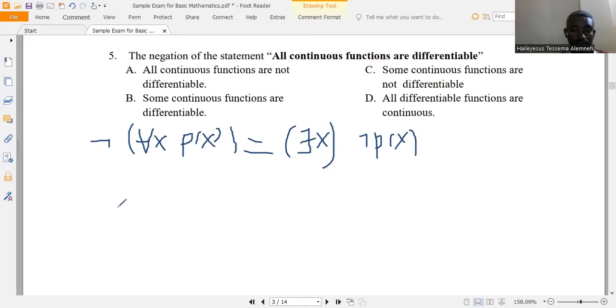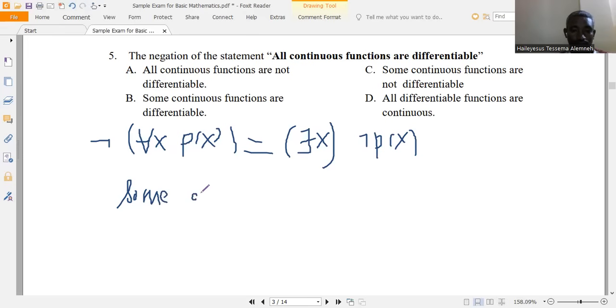Then for some x, when we are writing it: some continuous functions are not differentiable.